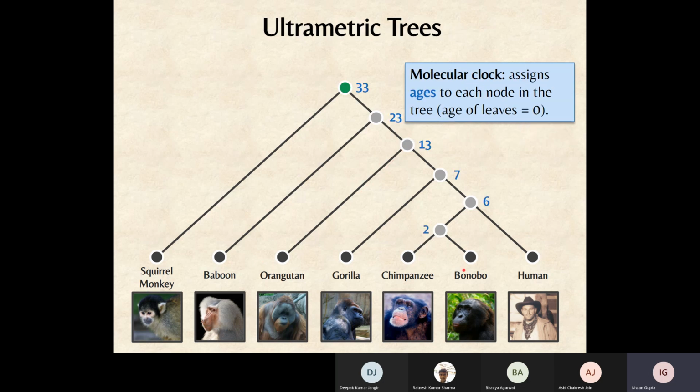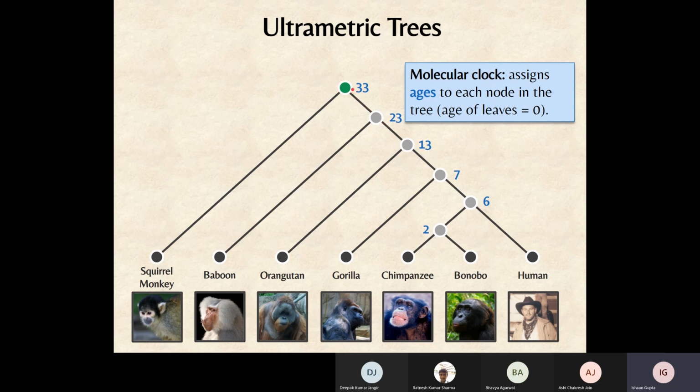The assumption, and this basically allows you to assign a molecular clock, right? So the topmost node is the earliest node, and let us say its value was 33 in terms of the number of mutations you would require to reach this root node, and then the further down you go, you have more and more mutations.